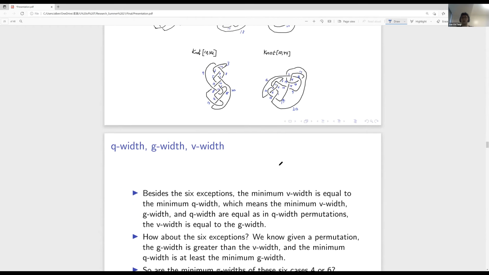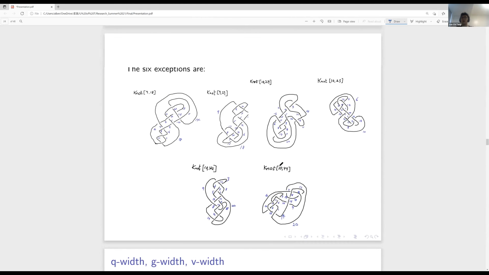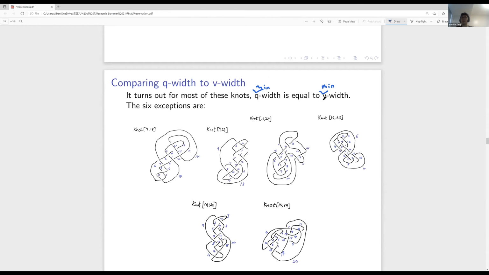We also know that the minimum graphical width is at least the minimum virtual width by how we define the virtual width. So we know that the minimum graphical width is going to be at least 4. So now it comes down to a case of choosing 4 or 6.